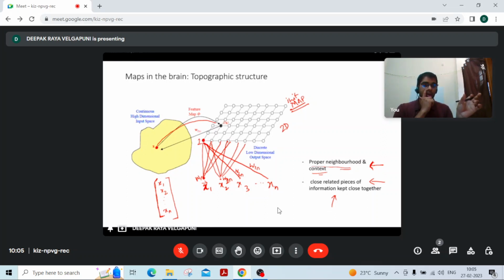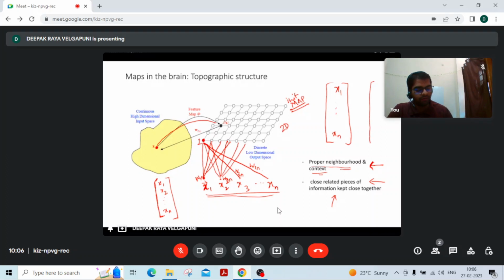These maps are best when the Euclidean distance between X and the weights W is small. x1 to xn is this vector, and for each node you have a weight vector, for one node wn1, wn2, and so on, wnn.